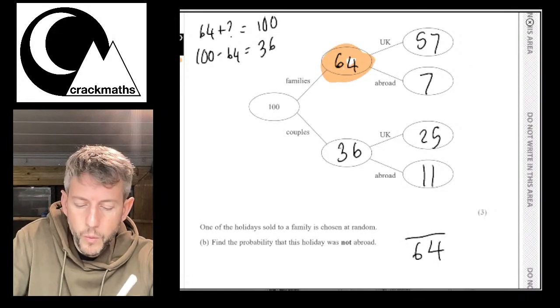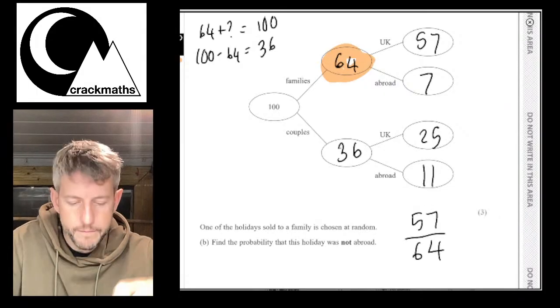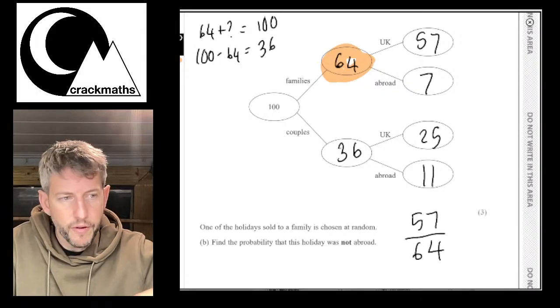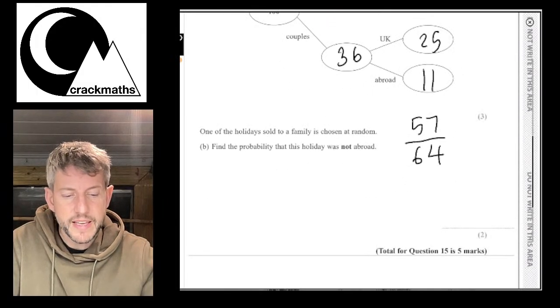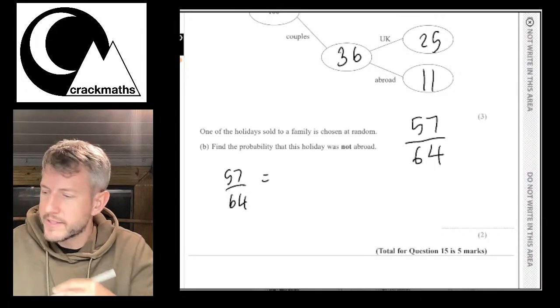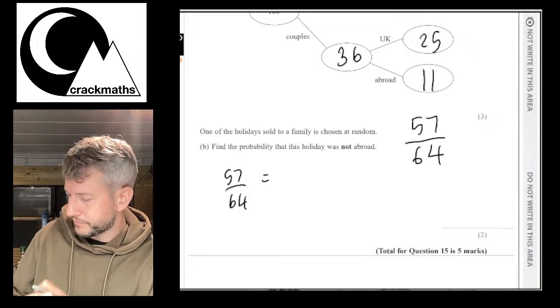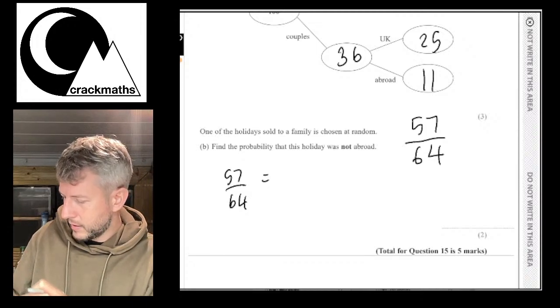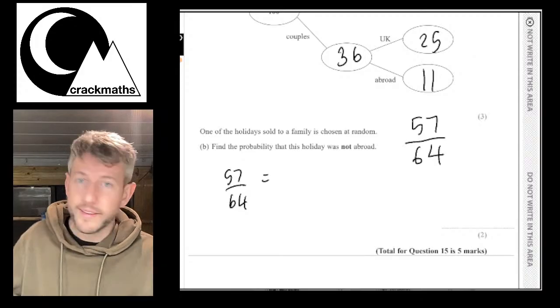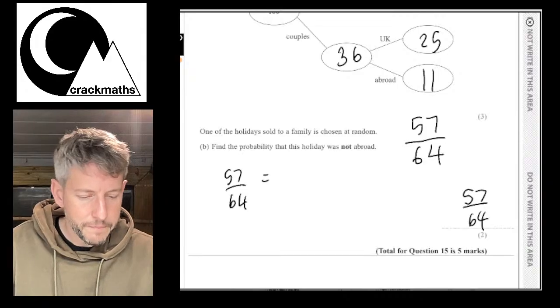How many of them were not abroad? It was 57 out of 64. It does not say about simplifying your fraction, but if you've got a fancy calculator, you can type 57 out of 64 into your calculator and it will simplify if it can. Let me find out. 57 out of 64, and it doesn't. So there we go, we've got our answer, 57 out of 64.